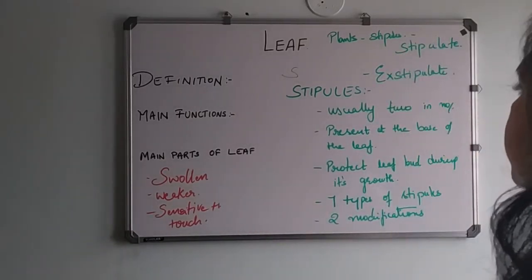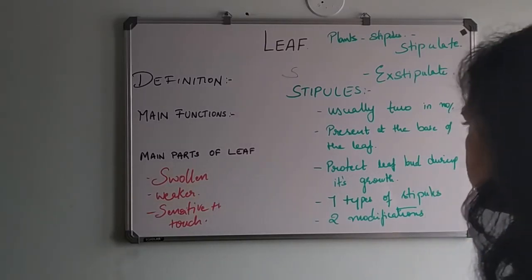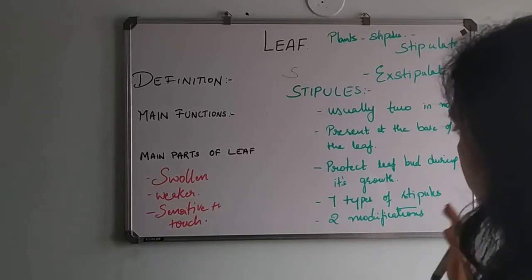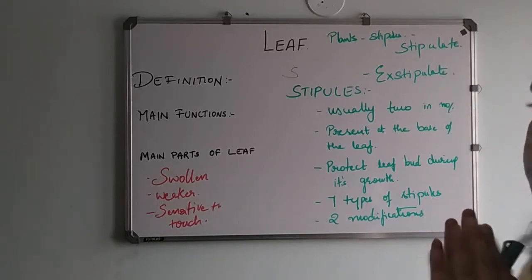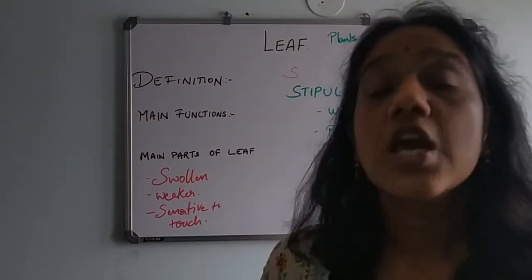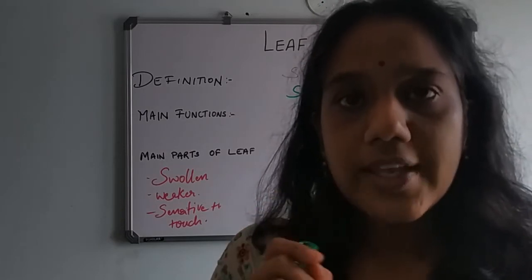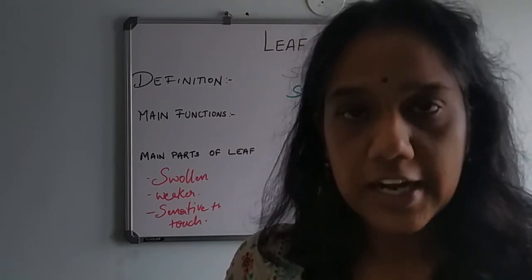These are the things about the stipules in the plant. Today I just mentioned the 7 types of stipules, but we are going to learn about the way they look, with the diagram, in our next class.